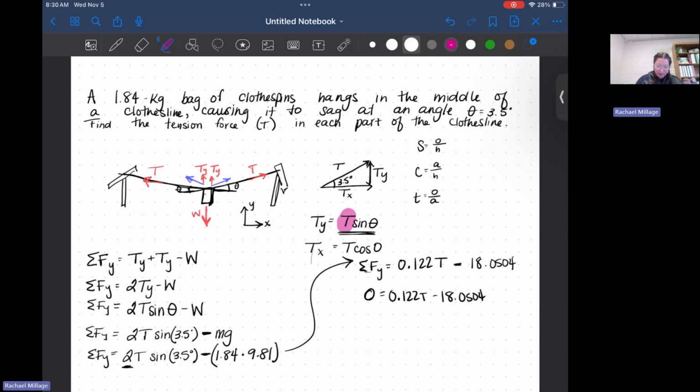Now I can start rearranging things. The first thing I want to do is I say I have subtraction, and I need to undo that first. So I'm going to add 18.0504 to both sides. Now I can undo the multiplication of 0.122T by dividing both sides by 0.122.